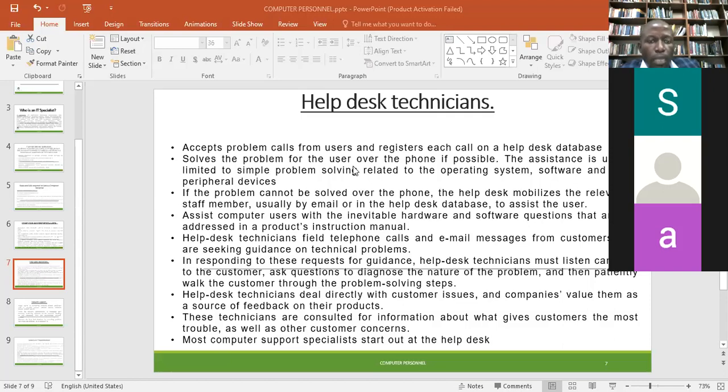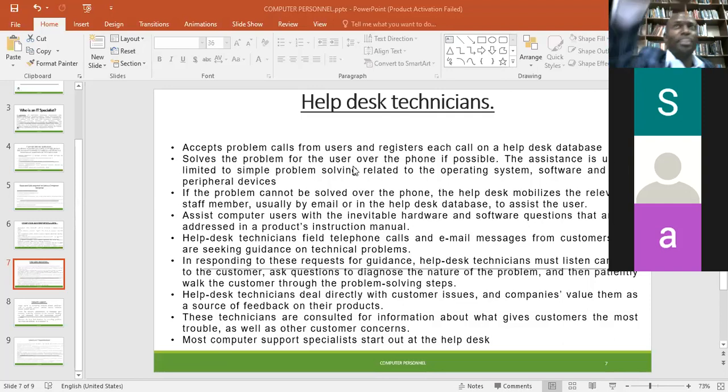So some IT help desk technicians may not be technically very strong, but for problems that you're not able to solve, you do what? You escalate. Escalating means you receive it and send it to another what? Another department.